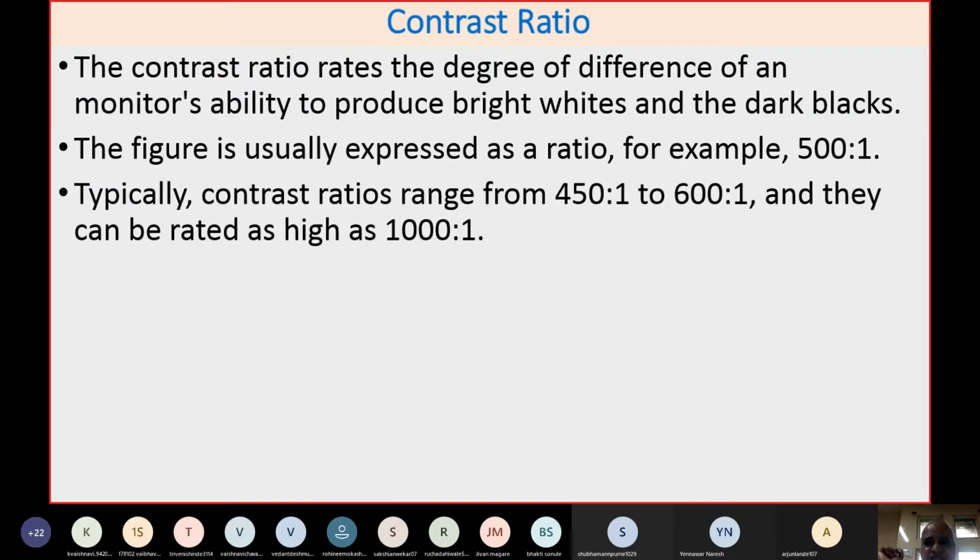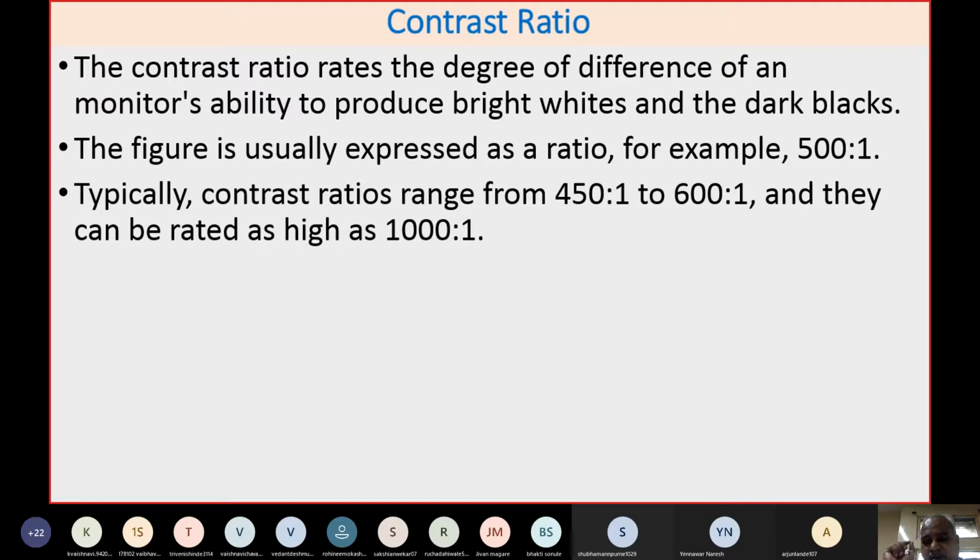So next is contrast ratio. The contrast ratio is also a significant figure which determines the quality of the picture. What is contrast ratio? Contrast ratio rates the degree of difference in a monitor's ability to produce bright whites as well as dark blacks.